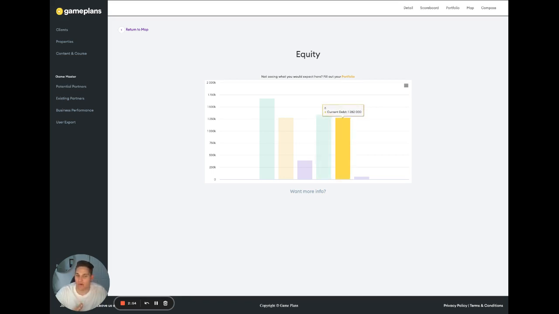And our current debt is 1,282, which we saw before. The borrowable equity is just the difference between the new debt that we could pull out, which will pay off all of the existing debt, and then we've got a bit of buffer of the 58,000 down the bottom. So that's the borrowable equity that we can pull out, about 58,000. So that's the difference between actual equity and borrowable equity.